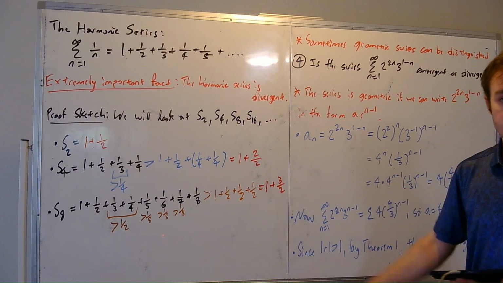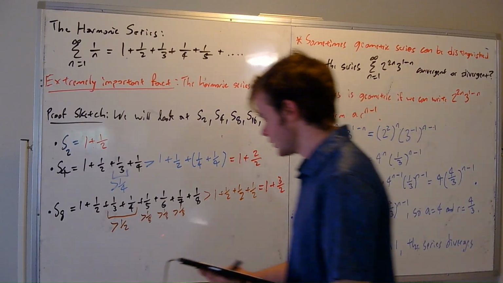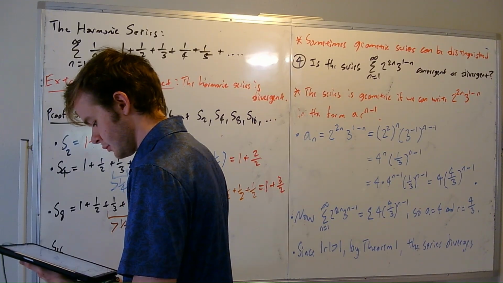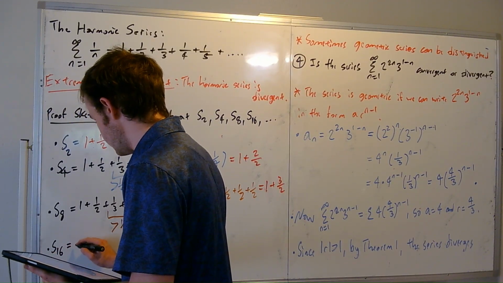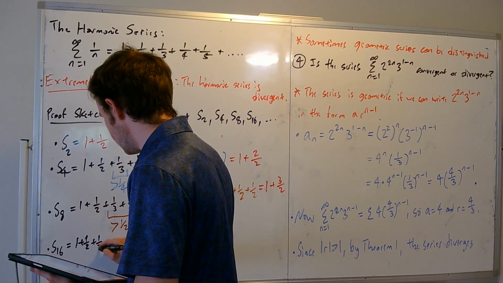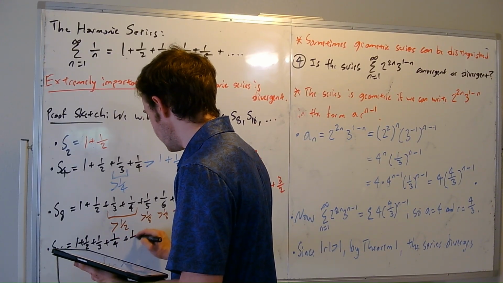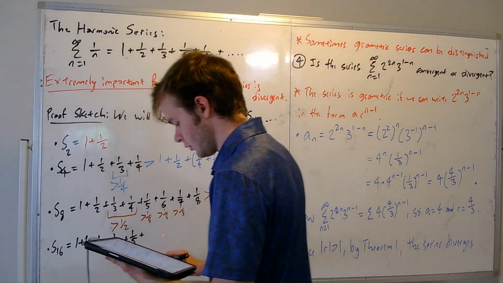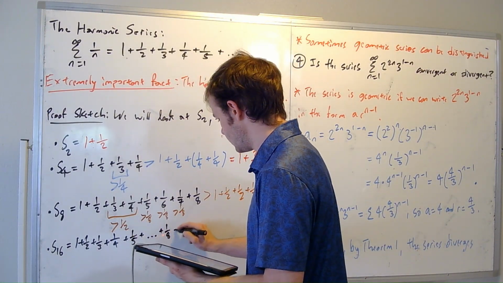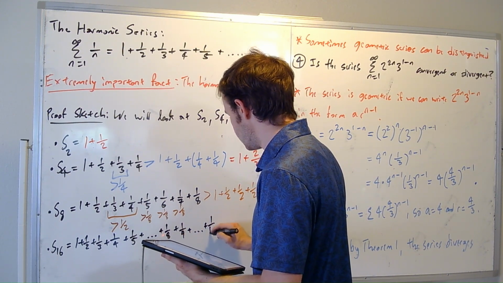Right, so you can kind of see a pattern that's starting to develop. So I'll just do one more here. So S16 equals 1 plus 1/2 plus 1/3 plus 1/4 plus 1/5 plus, and I'm just going to write some dots here, plus 1/8 plus 1/9 plus, and I'm going to write some more dots here, plus the 16th.